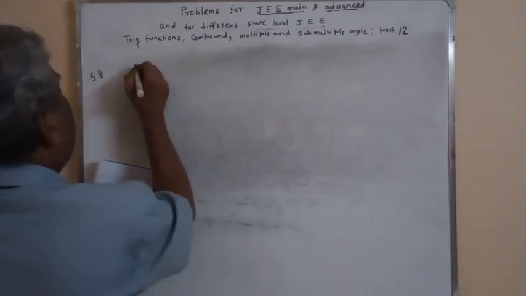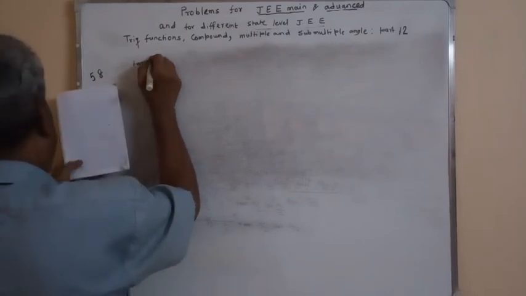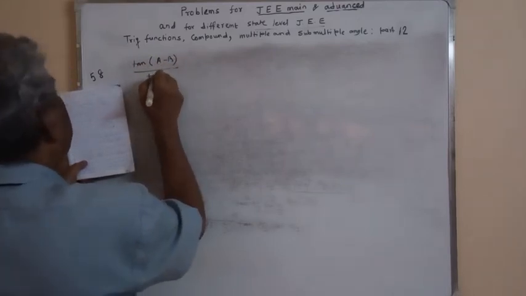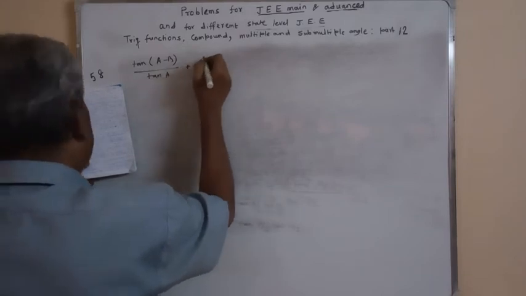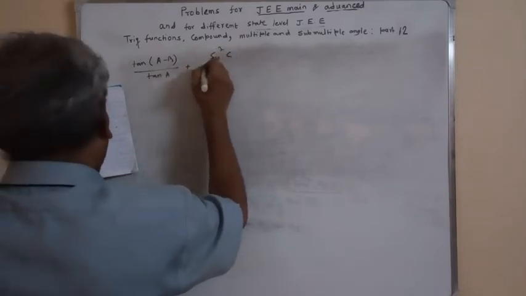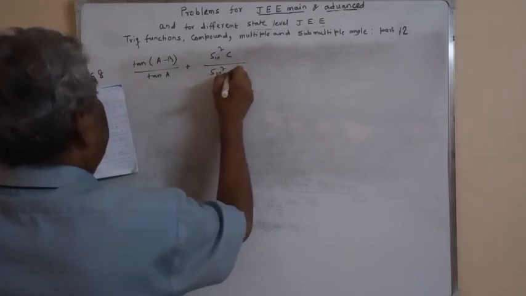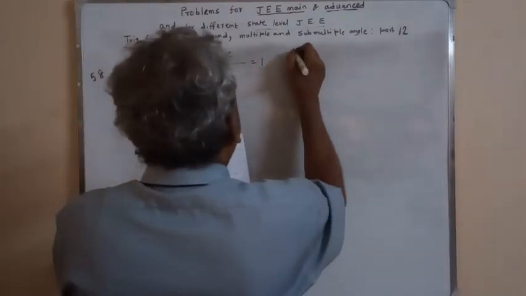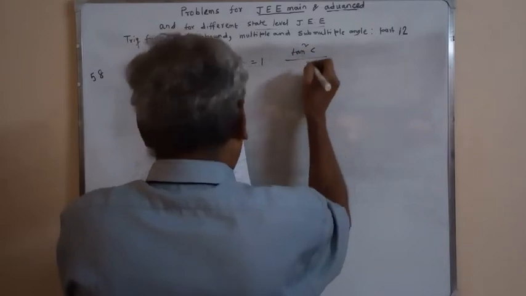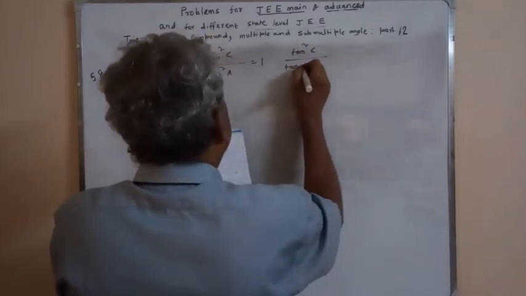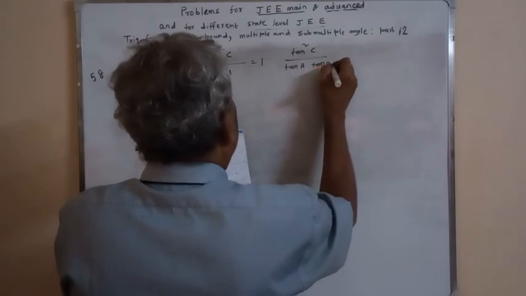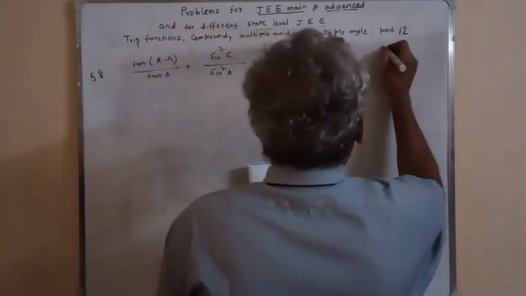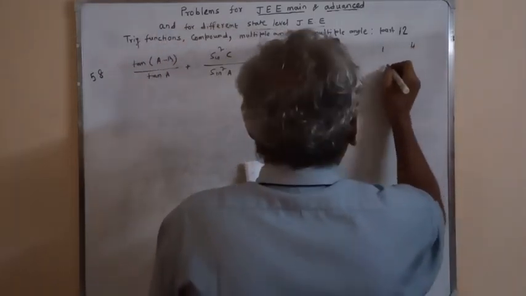It is: if tan(A minus B) by tan A plus sine square C by sine square A is equal to 1, then what is the value of tan square C by tan A tan B? Options are 1, 4, 3 and 6.